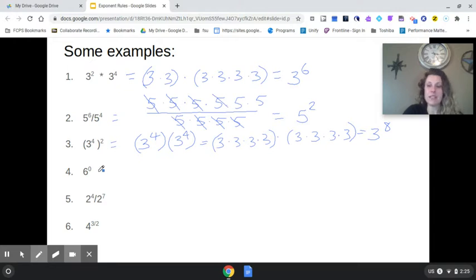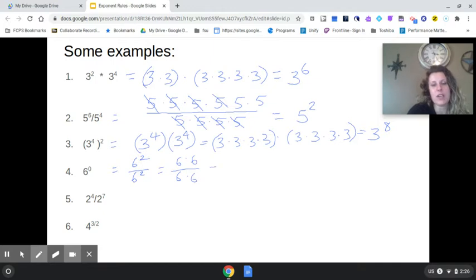Okay, 6 to the 0 power, there is that zero exponent rule that says anything raised to the 0 power is just 1. I'm going to use division to show why this is. So let's say that we have 6 squared and we're dividing it by 6 squared. So we would have 6 times 6 in the numerator, and we would have 6 times 6 in the denominator.